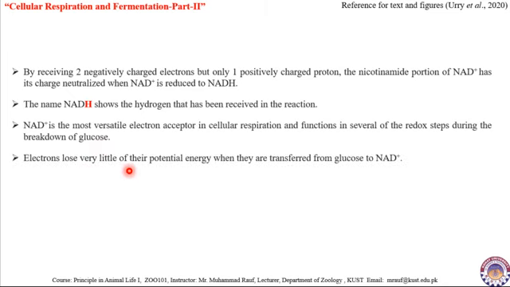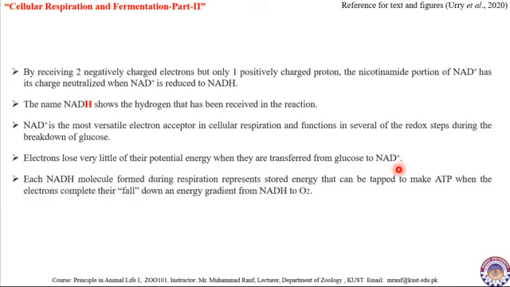Electrons lose very little of their potential energy when they are transferred from glucose to NAD. Each NADH molecule formed during respiration represents stored energy that can be tapped to make ATP when the electrons complete their fall down an energy gradient from NADH to oxygen.